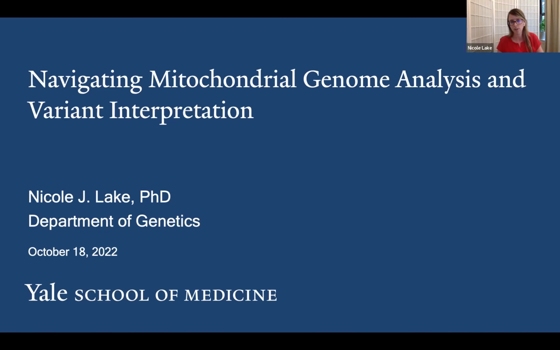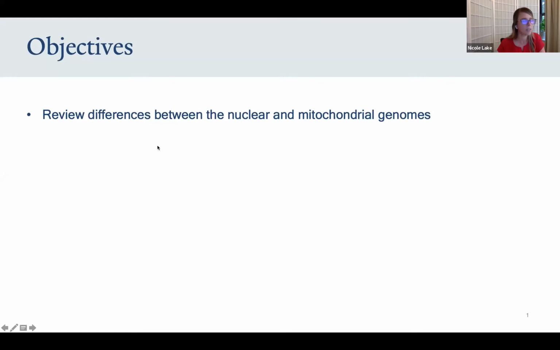So today I'm going to talk about navigating analysis of the mitochondrial genome and the process for variant interpretation. And I'll also share with you some of the resources that I've been working on during my postdoc to help aid this process. So I just want to reiterate some of the learning objectives of my talk this morning.